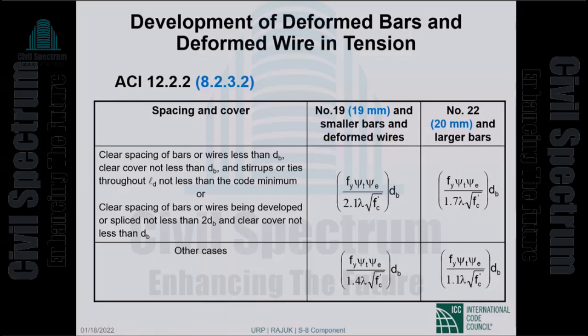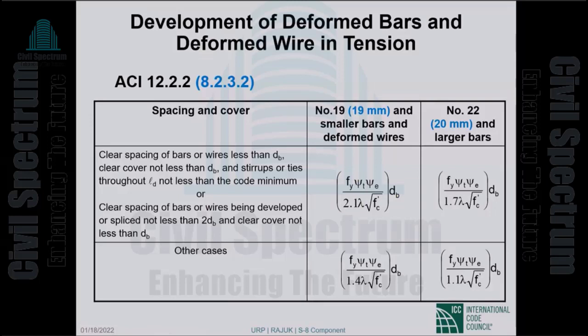In every case, the required development length is so many bar diameters. Okay, 50 bar diameters, 62 bar diameters, whatever this number comes out to be. This has F sub Y in it, the lightweight concrete factor lambda, the concrete strength, and also two factors we call psi sub T, the top bar factor, and psi sub E, the epoxy coating factor.